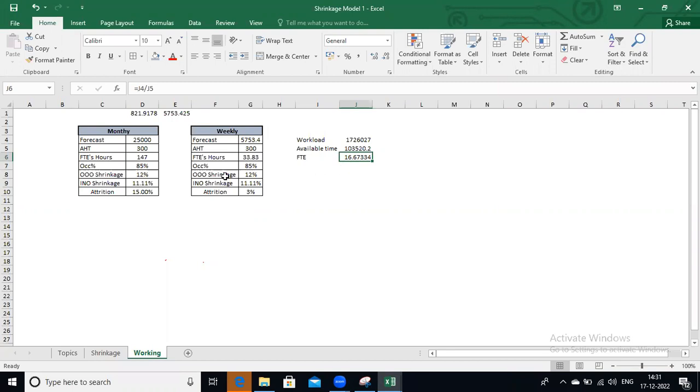But yes, now what I will do is, if you talk about out of office shrinkage and in office shrinkage, you can see that I have given here separately both of the shrinkages, 12% and 11%. So can anyone tell me why I can't add those both shrinkages, like why I have not taken 23%?